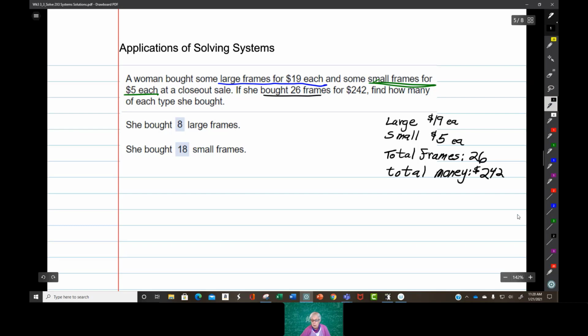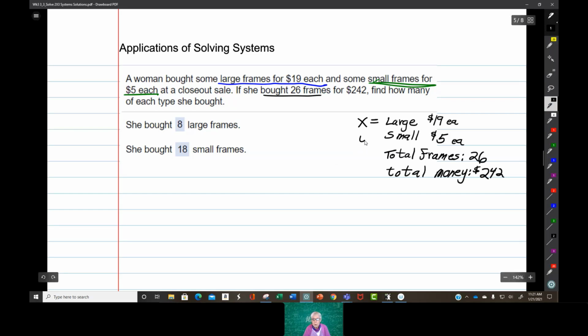Okay, so now here, notice that there's 2 of each. What I'm going to do is this. Just because I'm used to X and Y, I'm going to let X equal the number of large frames that the lady buys.